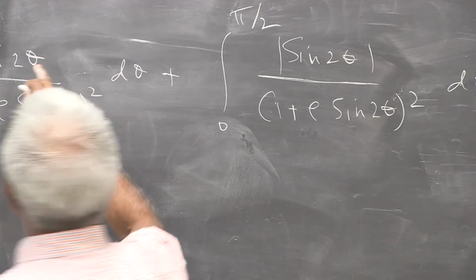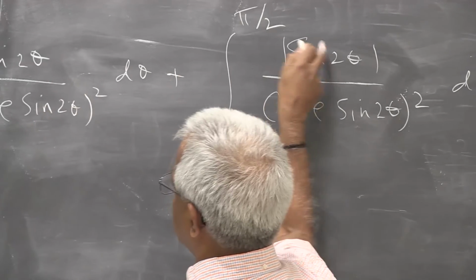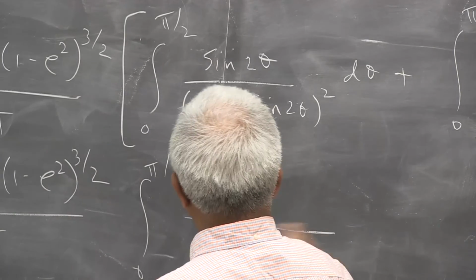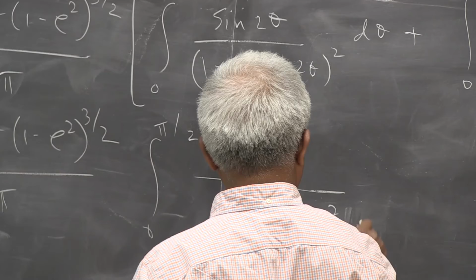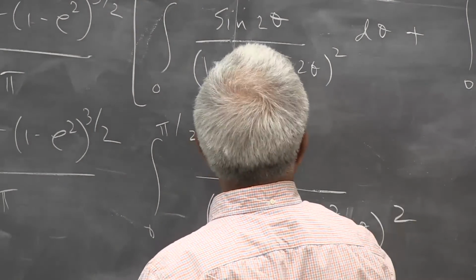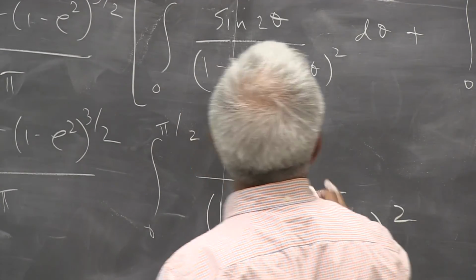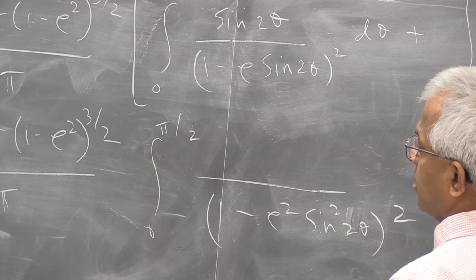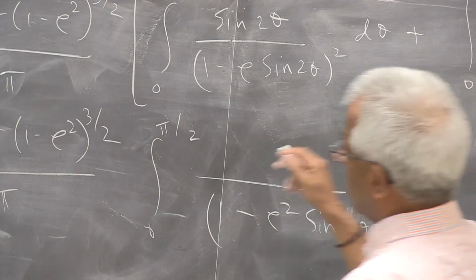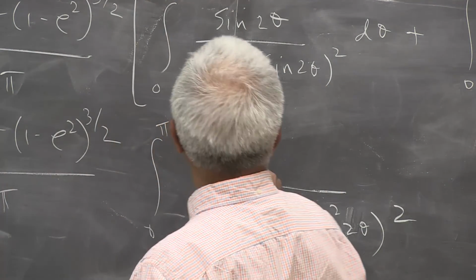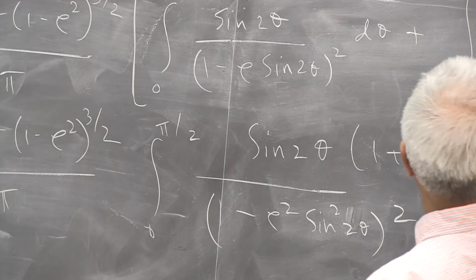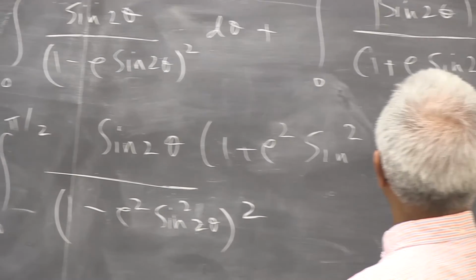So notice that when you combine this, this comes here, this comes there, and the denominator of course becomes integral 0 to pi by 2, 1 minus rho squared sine squared 2 theta, the whole squared, and in the numerator, when you square it, the middle term goes away, and you pick up a 2 here, then this becomes sine 2 theta multiplied by 1 plus rho squared sine squared 2 theta.